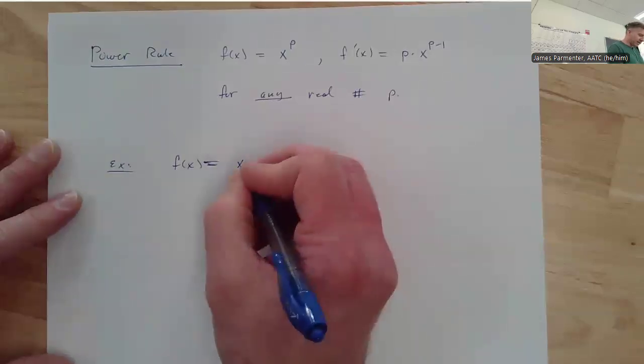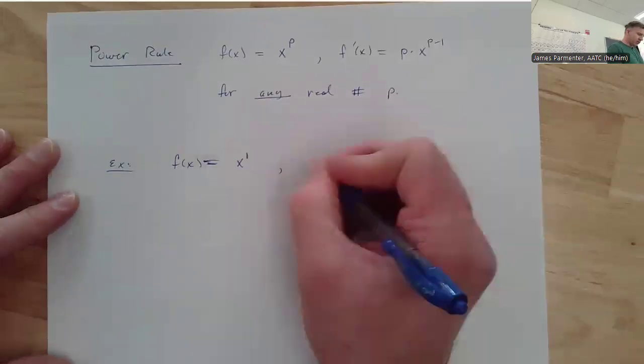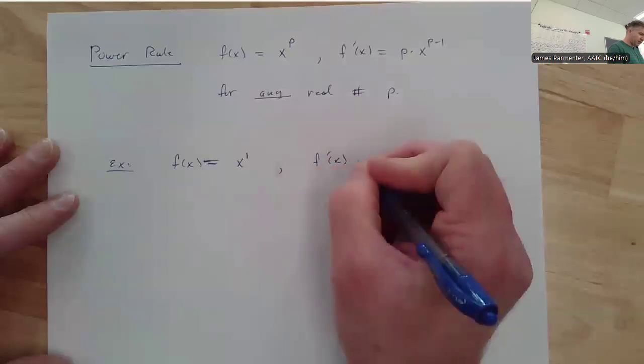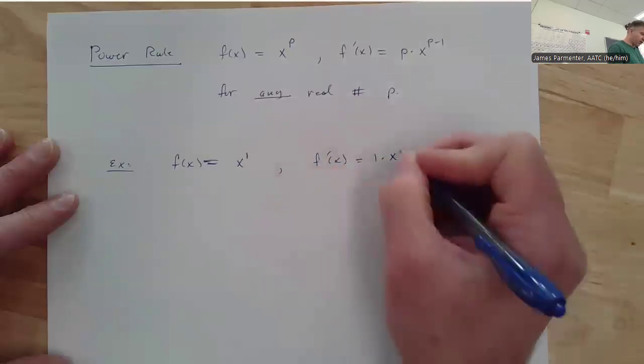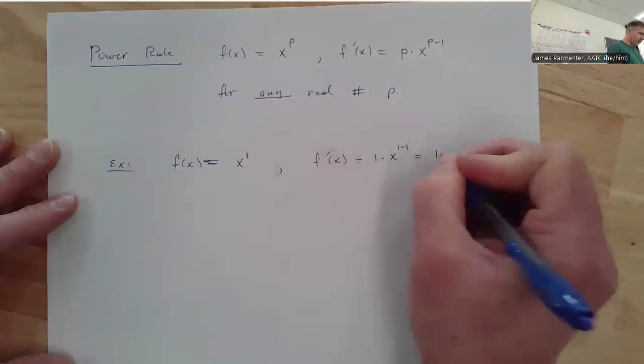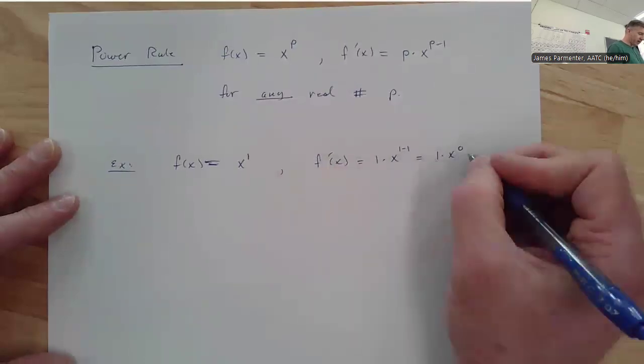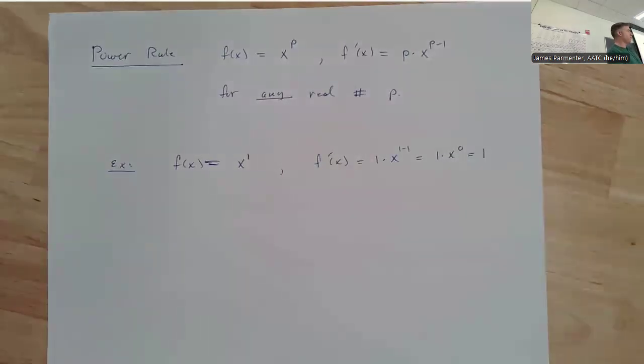If we think of this as x to the first, then your derivative is going to be 1 times x to the 1 minus 1, which is 1 times x to the 0, but x to the 0th power is just 1. So your derivative is 1. Should you do it this way? No. You should just say, yeah, I know it's 1. You don't need to show this work. No one's going to ask how you knew the derivative of x was 1, because you knew it was 1.